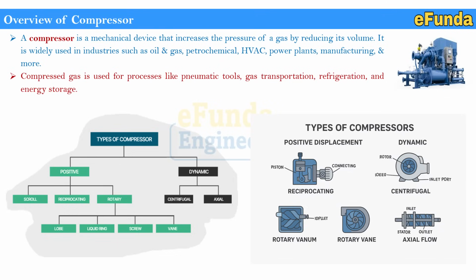Also, the different parts of a compressor and their types along with their subtypes are mentioned for easy understanding. We will see the details of the positive type and dynamic type as well as their types in this video.